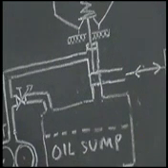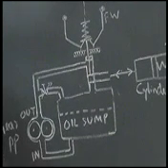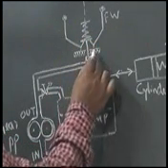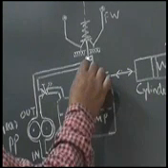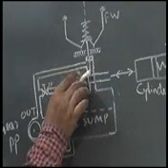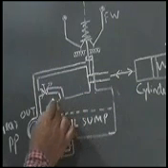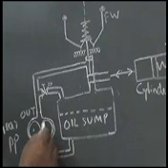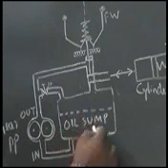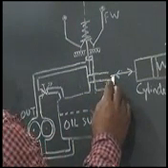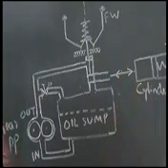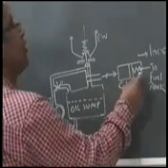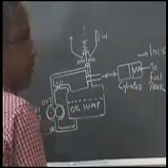These are the flywheels, this is the conical spring, this is the gear, this is the pilot valve, this is the spring loaded helical, this is the gear pump, this is the oil sump, and this is the cylinder for maintaining the fuel rack. This is going to the fuel pumps. This is the increasing direction and this is the decreasing direction.